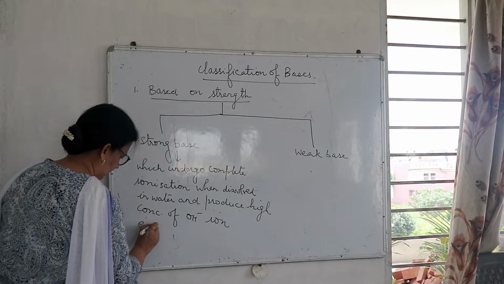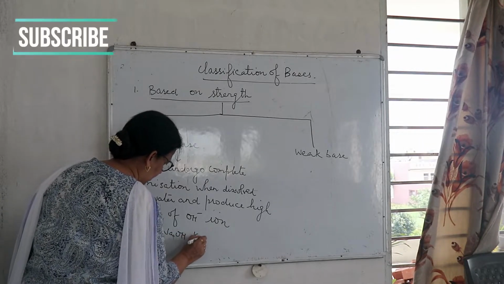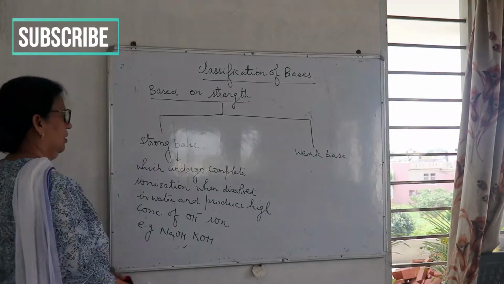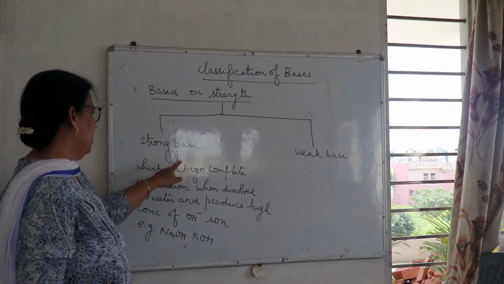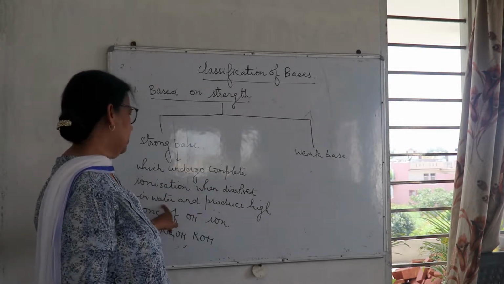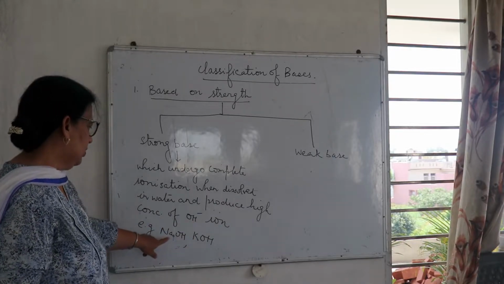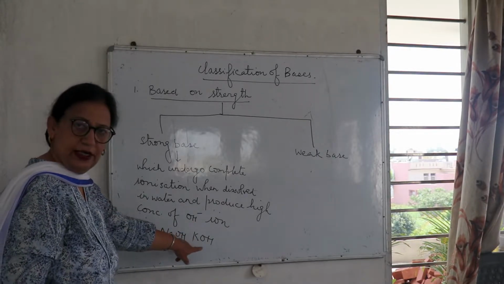For example, NaOH and KOH. So what is a strong base? Which undergo complete ionization when dissolved in water and produce a high concentration of hydroxyl ion, for example sodium hydroxide and potassium hydroxide.